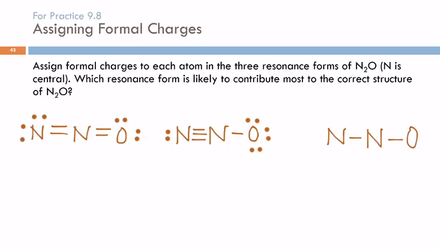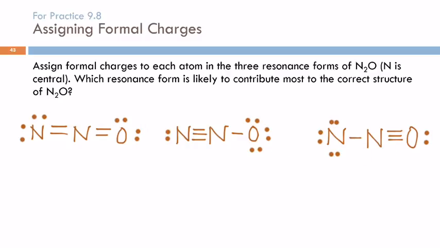That's the other possibility. Putting the triple bond over here. Does that one work since nitrogen only has 5 valence electrons usually? Well, one of these is going to be better than the others. But these are resonance forms because the difference between these 3 is just moving the multiple bonds around.